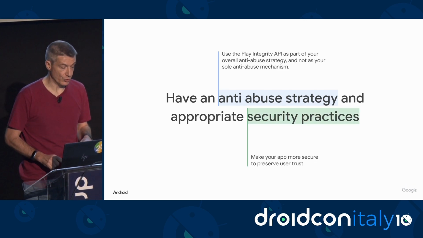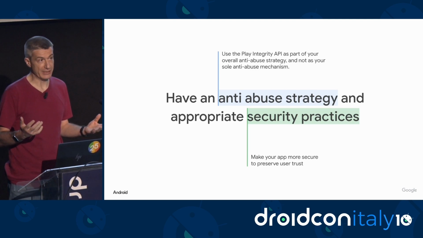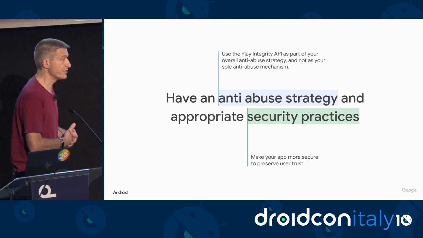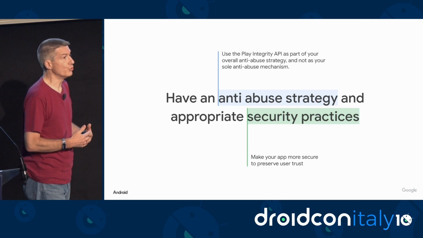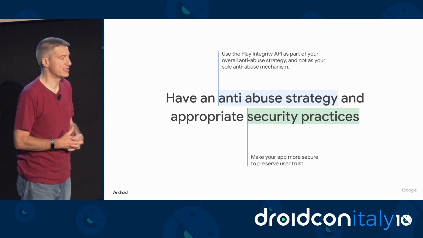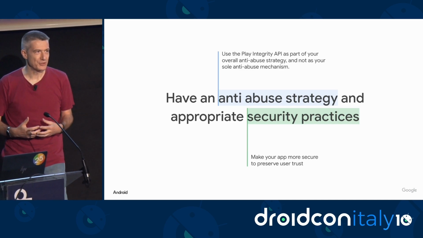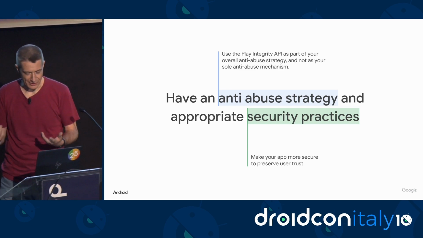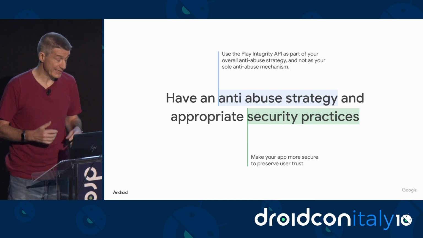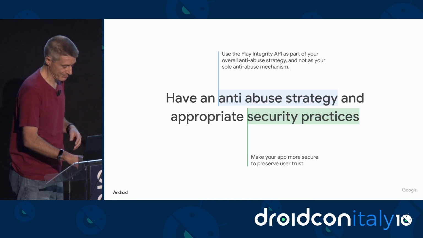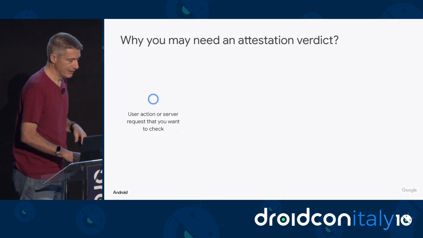It's also important to work on the security practice for your application, so to keep the data safe for the user. And this is very important to gain and maintain the trust of the user. It's very difficult to get the trust of the user, and it's very easy to lose it. This is why it's important to have a good security hygiene in your application and your system.